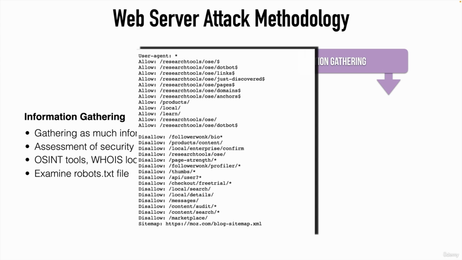If that file is poorly written, it's possible to learn information from this text file that should be hidden, such as the entire website directory structure. These can be accessed by entering the URL of the web server followed by /robots.txt, and you could do that in a browser address bar to see the robots.txt file.